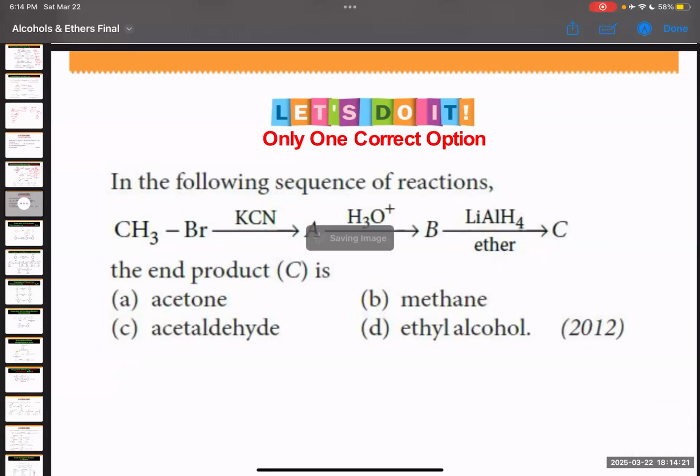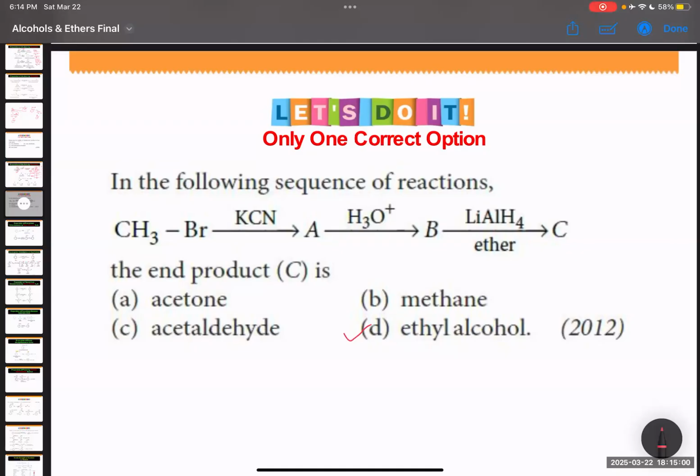You have CH3Br, you took KCN, and then you hydrolyze the nitrile, you got B. The B is reacted with LiAlH4, you got C. Got it? So what is going to be the final answer? It is going to be an ethyl alcohol.